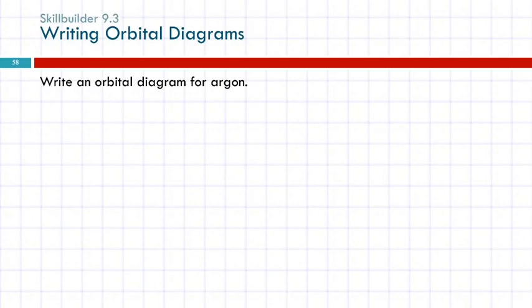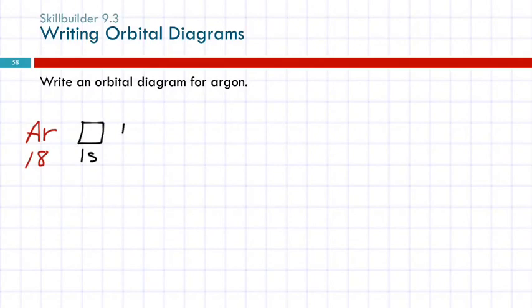Let's do an orbital diagram for argon. So argon, how many electrons? 18. For orbital diagrams, I think it's best to draw the boxes first and then stick the electrons in.